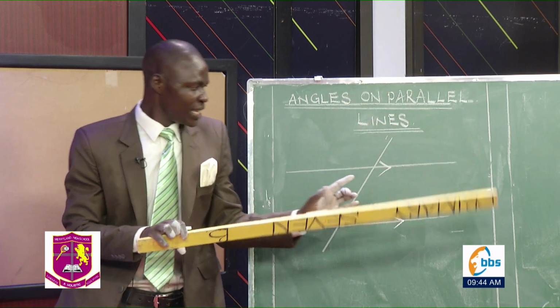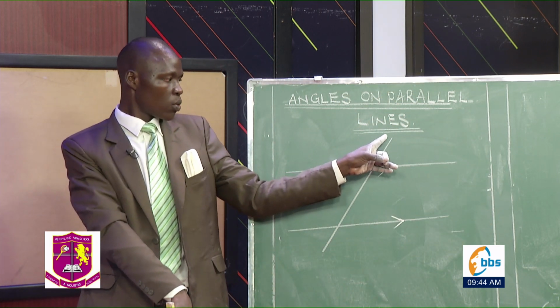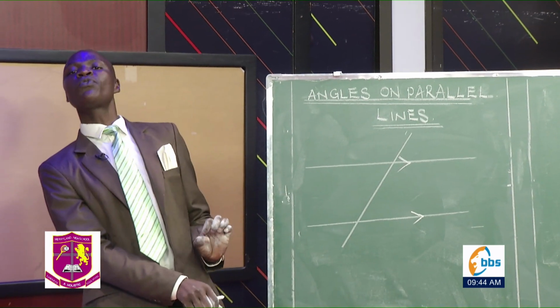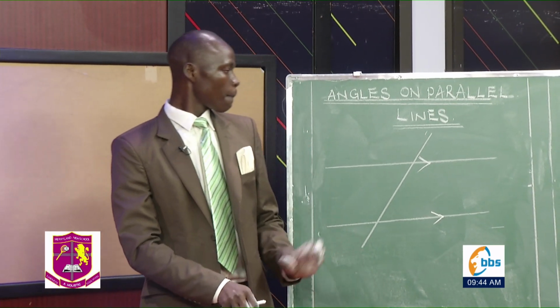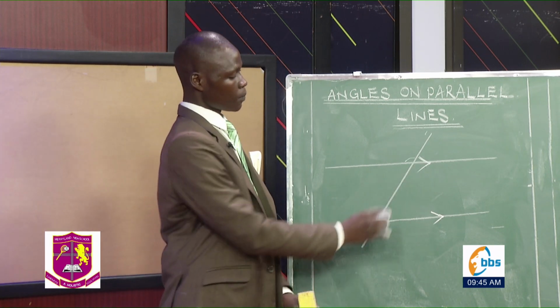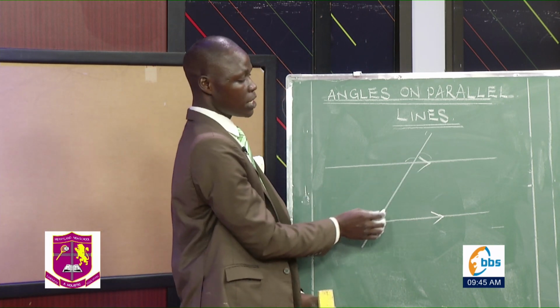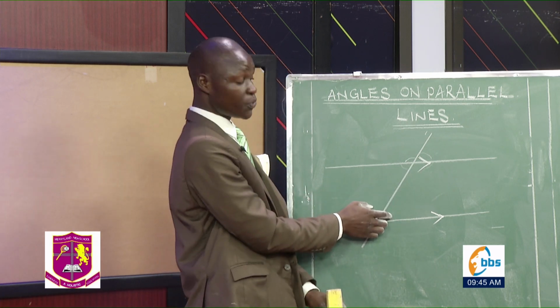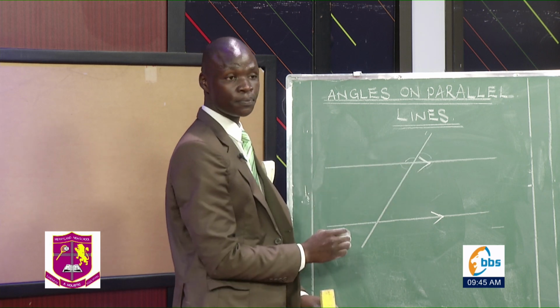So the moment this transversal line crosses the parallel lines, angles are formed. Check. You will find that there is an angle formed here and formed here. There is also an angle here and also an angle there. Also here, there are angles formed both up and down.